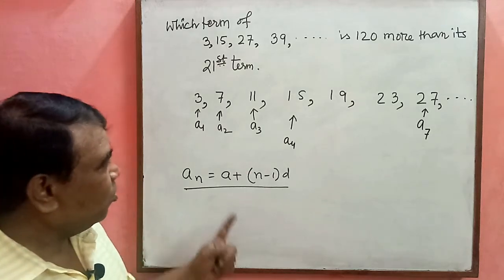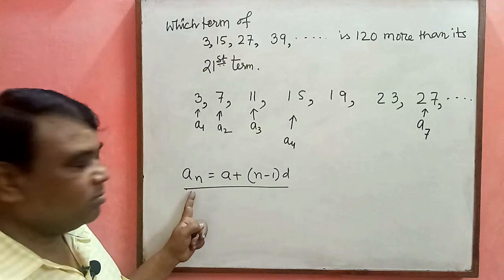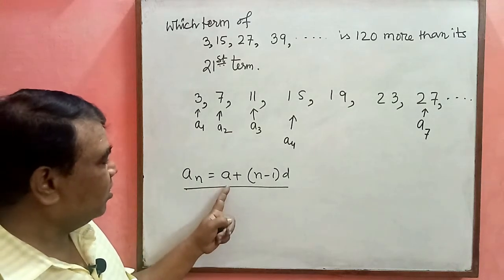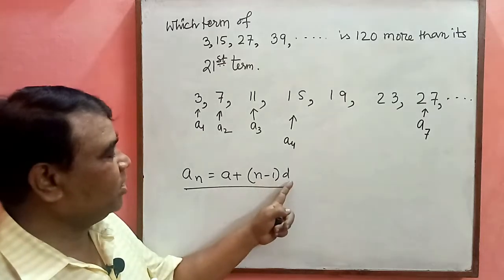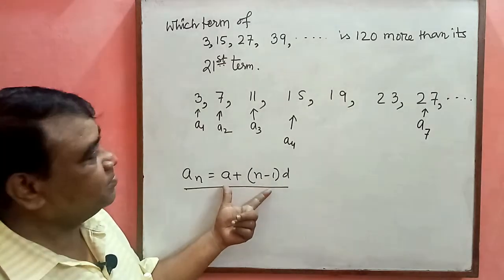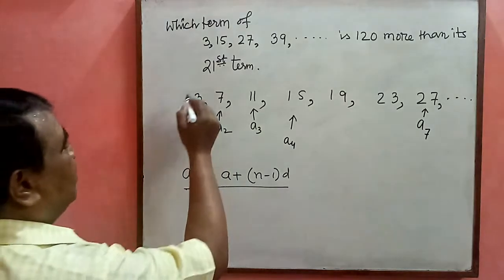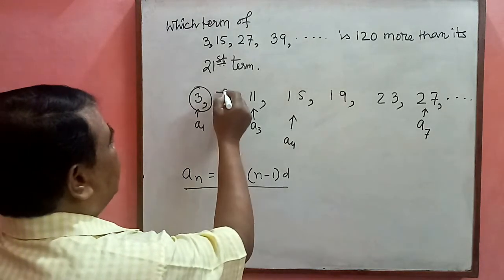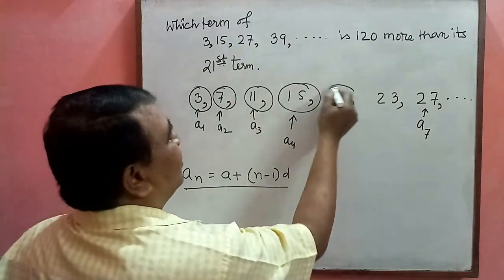Now we have an identity: a_n, that is the nth term, is equal to the first term plus (n minus 1) into d. This will give me the nth term. Here is an AP: 3, 7, 11, 15, 19.